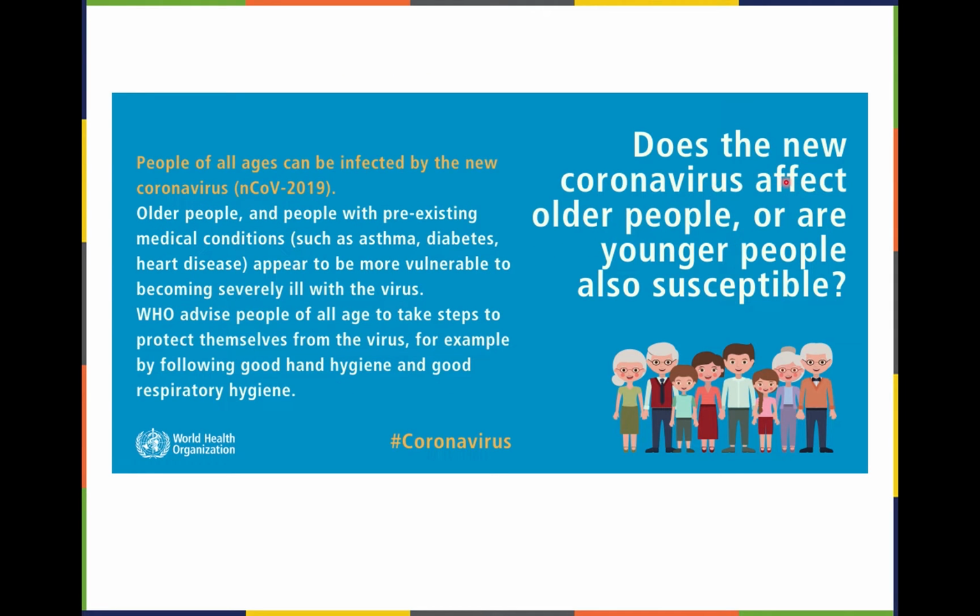Does the new coronavirus affect older people, or are young people also susceptible? Everybody gets infected. It doesn't matter if you're old or young. The reason older people may be more susceptible to dying from coronavirus is because they have underlying conditions. They have asthma, diabetes, other conditions. But everyone gets infected with coronavirus.